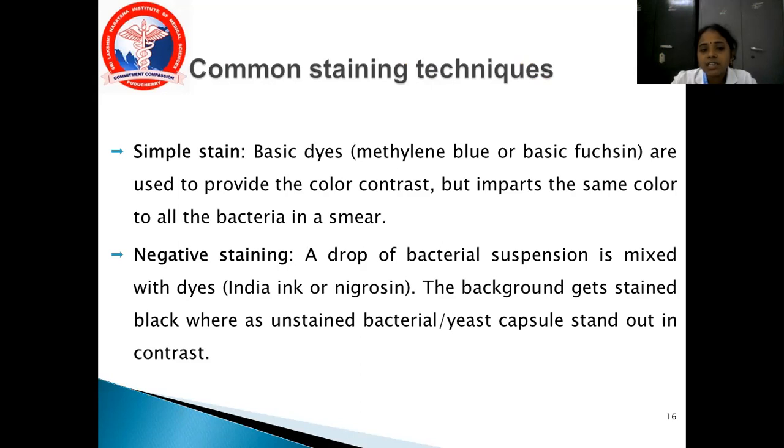The background gets stained black, whereas the unstained bacterial or yeast capsules stand out in contrast. In simple stain, we use only one dye.